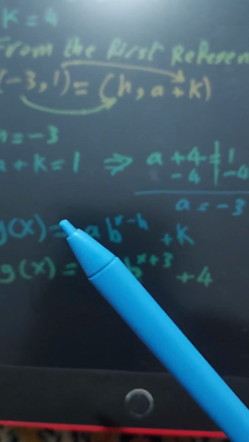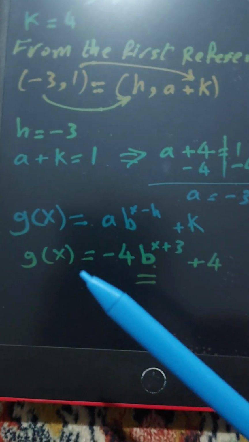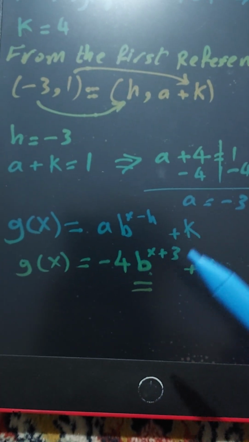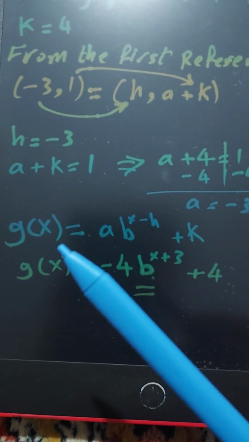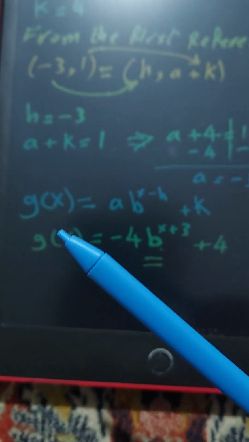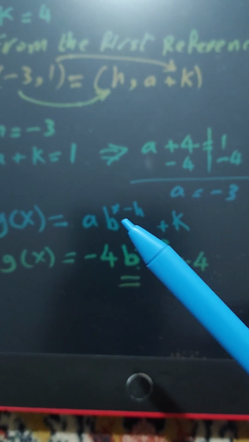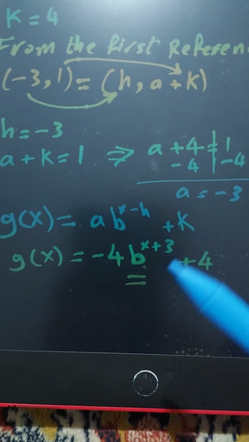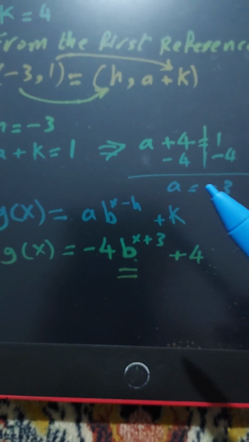Now we have the values of h, a, and k. From the combined transformation function, we can replace these values. The only value left is b. The combined transformation function is g(x) equals a b^(x minus h) plus k. We replace a with -4.